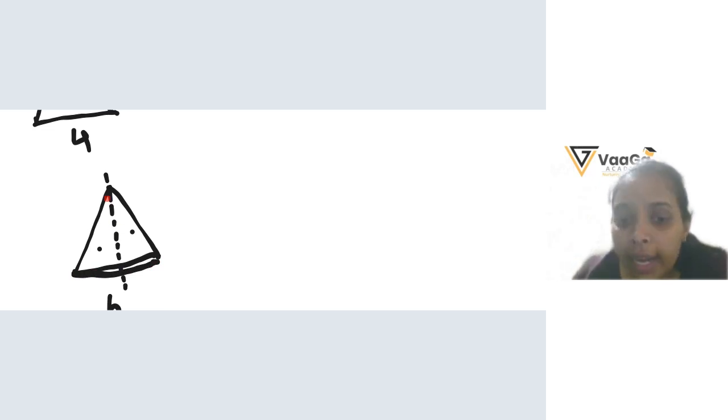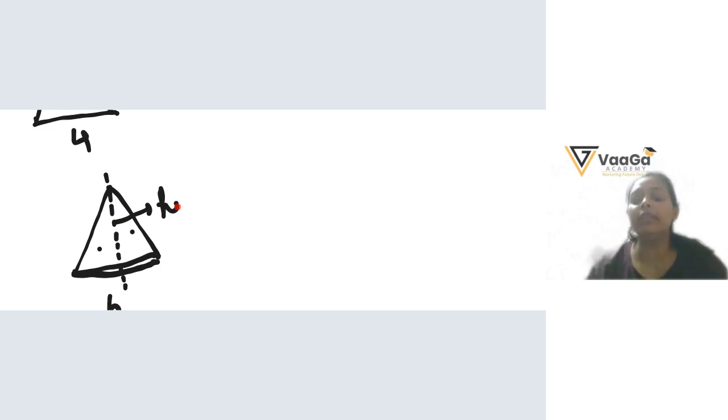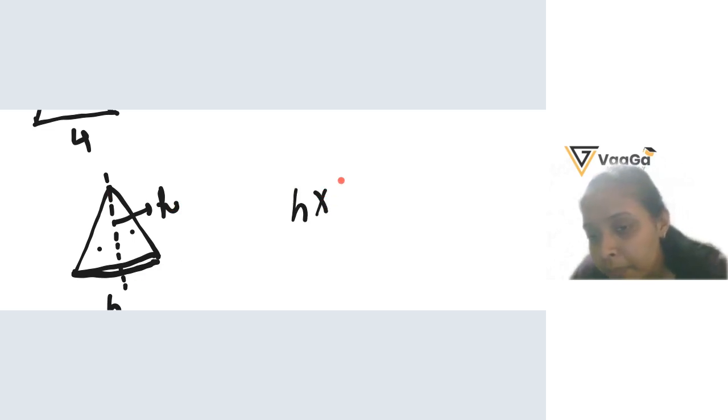So this vertical line will be the height of the triangle. Now, when we calculate the area, we multiply the two adjacent sides. I have two adjacent sides, height and base. I can multiply them.